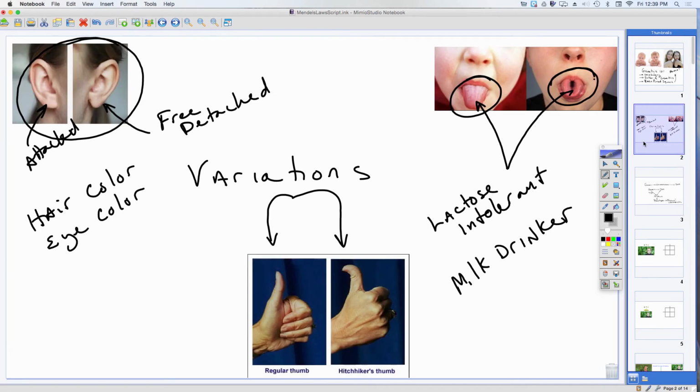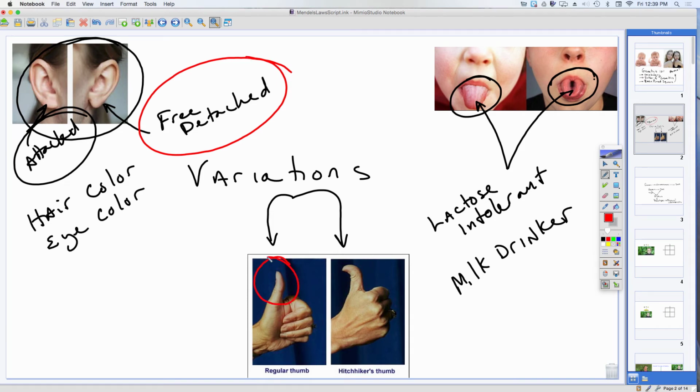So if I back up a page, we can say that some people are phenotypic for attached earlobes, while others are phenotypic for free earlobes. And you can be phenotypic for straight thumb versus hitchhiker thumb.